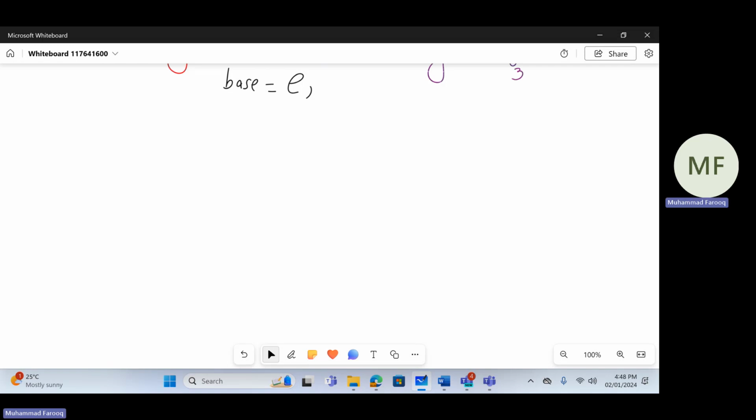Sometimes the question is very lengthy and complicated, so first we use the properties, the question becomes simple, and then we take the differentiation. Now I'm just giving you the properties of log functions. I'm not saying natural or common; these work for all log functions.